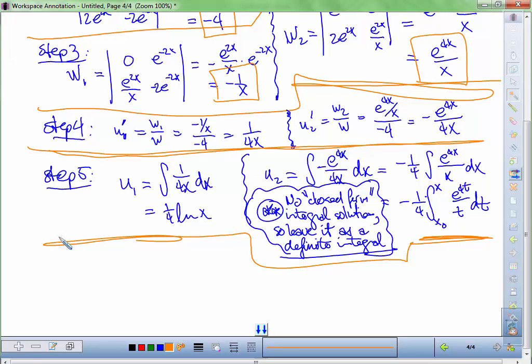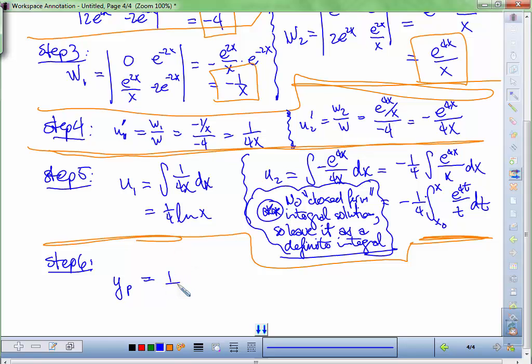Step 6 would be just to string them up together to get your particular solution. I would probably do step 6 and 7 at the same time. We'll separate it. Step 6, your y particular is going to be u1 times y1.